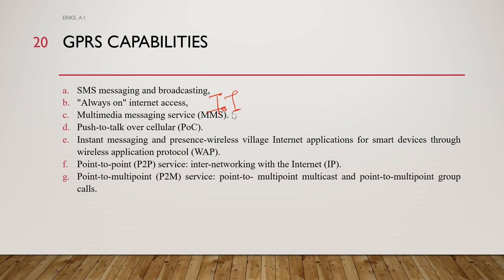Okay, now use it for multimedia messaging service, push to talk over cellular, instant messaging, and so on and so forth. So when you understand these capabilities, you see where you can as well use it for your work. All right, so these are the several communication interfaces that we can have in our embedded system project.